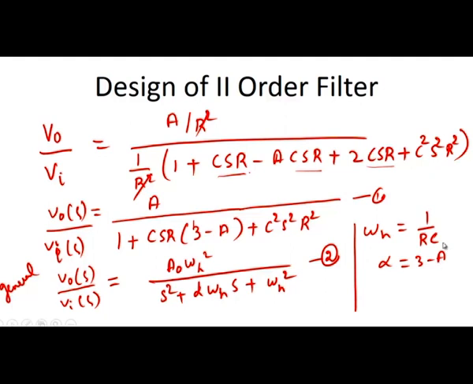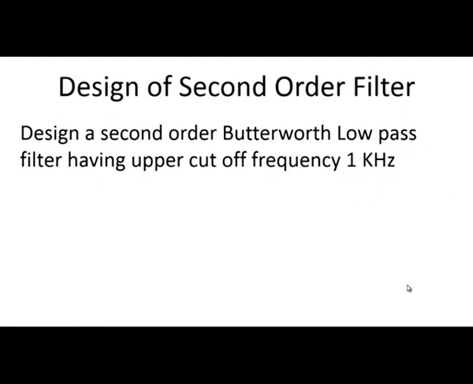So, from here what is the gain? A is equal to 3 minus 1.414. So, from this the gain of the amplifier is derived, and the gain is 1 plus Rf by R1. This is the second order Butterworth low pass filter having an upper cutoff frequency of 1 kilohertz.